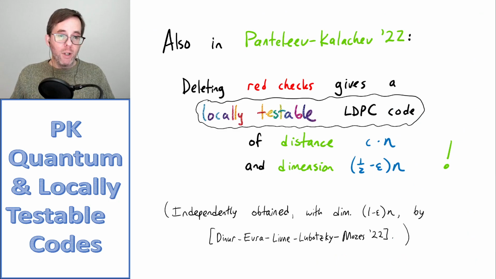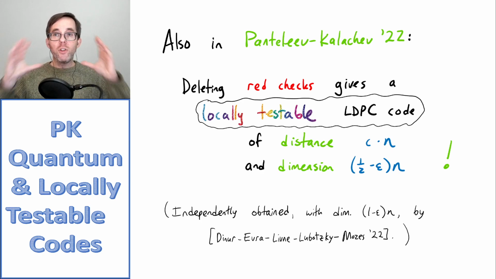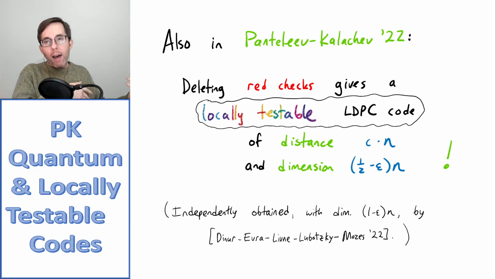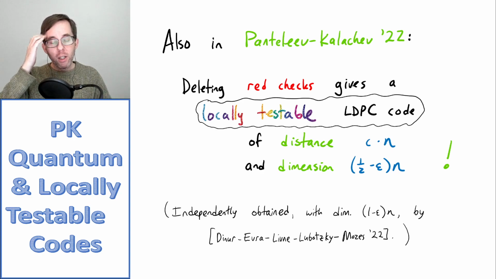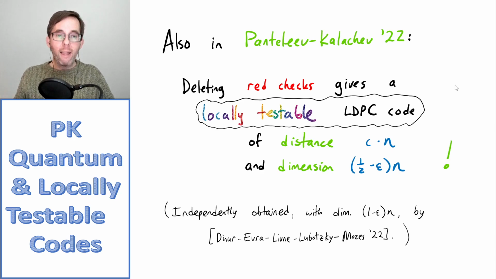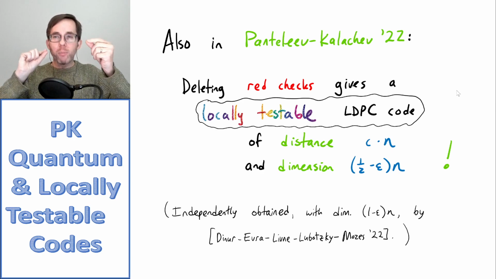At the same time, also in this paper, they basically showed that if you took their construction of these asymptotically good quantum LDPC codes, and you just threw away half of them and retained only the blue checks, you would get the so-called locally testable LDPC codes, which are also asymptotically good. Actually, you have to adjust the parameters a little bit.